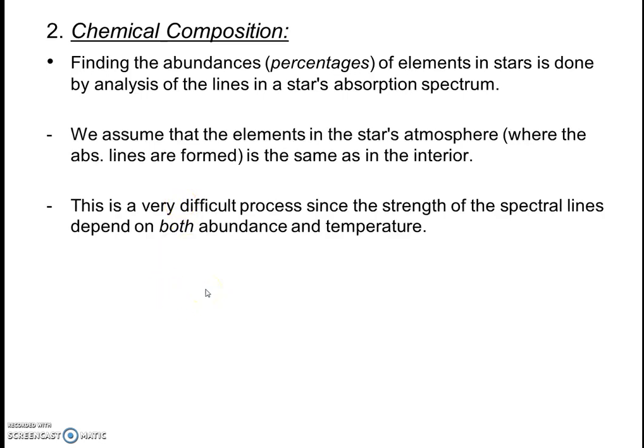And it's also very difficult. That's the reason this is the only page of notes you're going to have on this process. Because the strength of the spectral lines depends both on how much of the gas is there and also on temperature, it makes it really tough to figure out the total abundances. But again, astronomers, spectroscopists, very, very clever people, and they've done a good job of being able to do that.